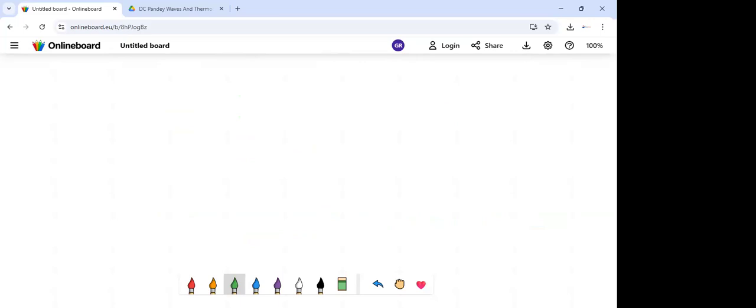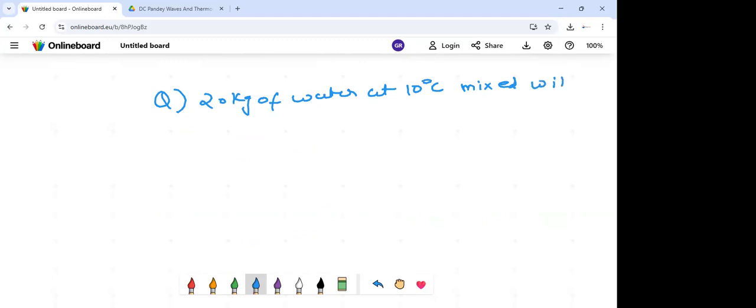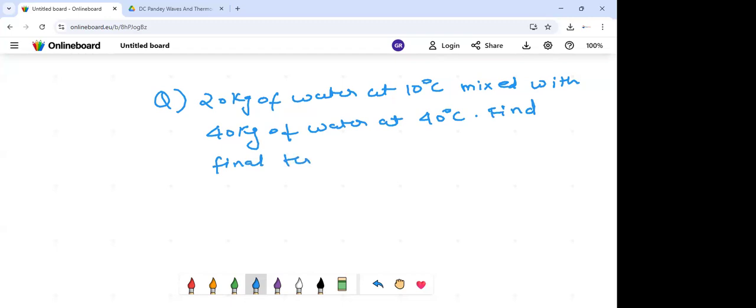All right. Let me take another question. Obviously, we will assume that all the mixing is taking place inside the calorimeter. Solve it.